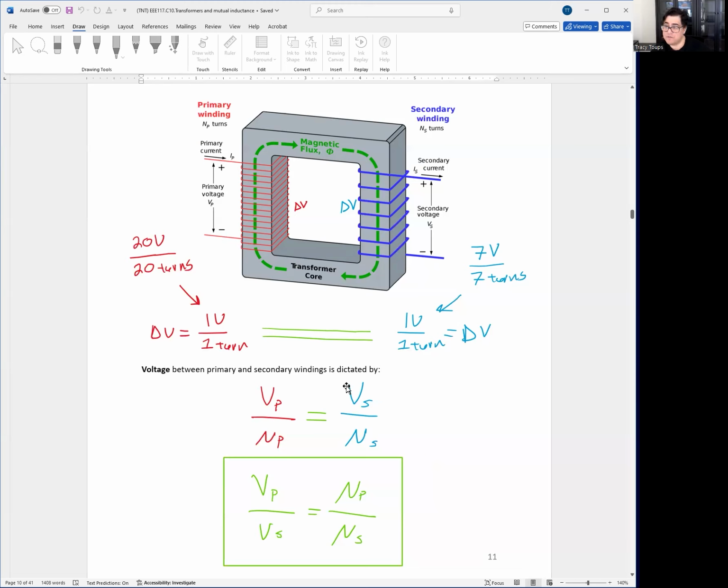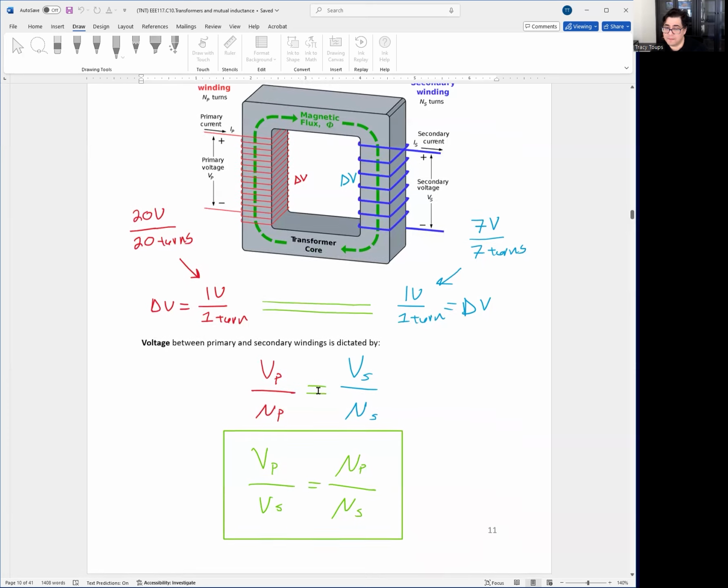So this ratio must be equal at all times because the magnetic field can't add or take out energy. It just passes energy through. So it's kind of like you can't destroy matter or decompose it. Same thing for energy. So this is a conservation law right here.